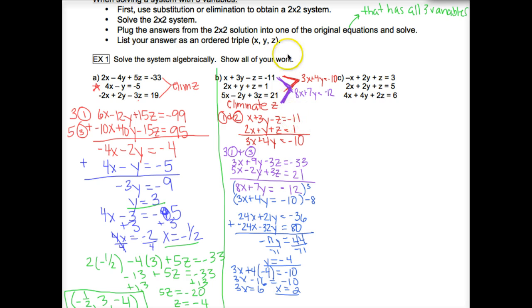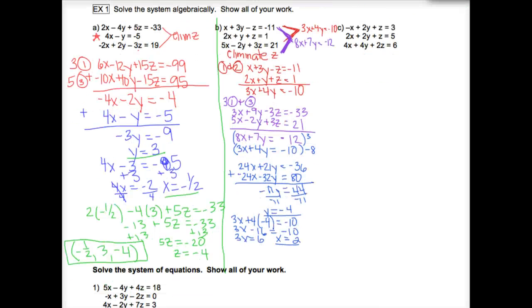Step 2, check, done. Step 3, plug those answers into one of my original equations, making sure they have all three variables. All three of these do have all three variables. Again, doesn't matter which original you choose. I would probably pick the second one because the numbers are smaller, but again, your choice, what you want to choose.